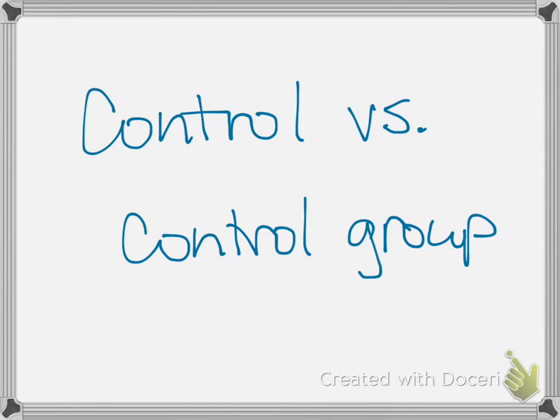So the control group would allow you to set a baseline for maybe what their health statistics are, their body weight, blood pressure, that sort of thing. Whereas your experimental group is the one who's drinking the liter of Coca-Cola every day, and hypothetically we would expect to see that maybe they weigh more, their blood pressure's higher, that sort of thing. So control and control group are 2 different things.